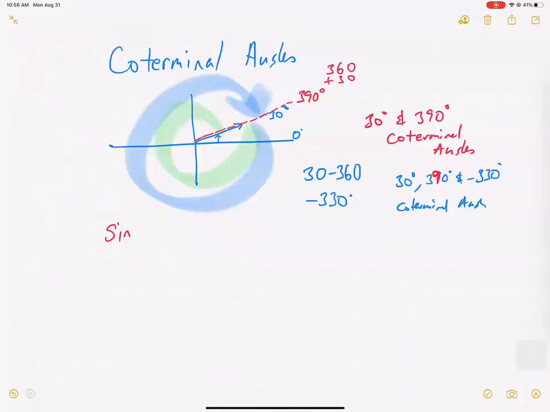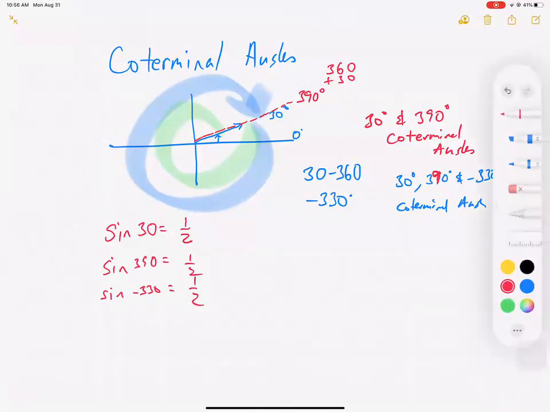Turns out, if I told you the sine of 30 degrees is 1/2, the sine of 390 is also 1/2, as well as the sine of negative 330. That will also be 1/2. All these are going to be related with the same angle. So that's going to be important to us a little bit later. But the idea of coterminal is the idea of angles that stop at the same spot.